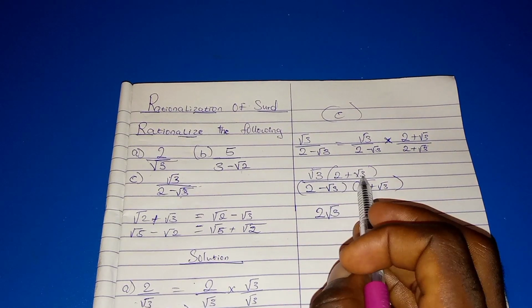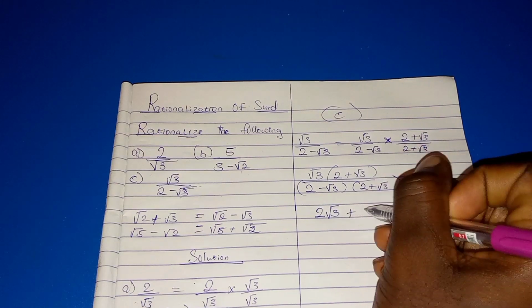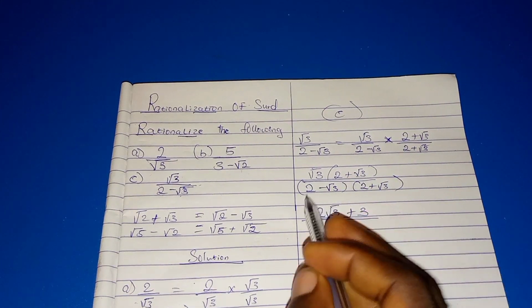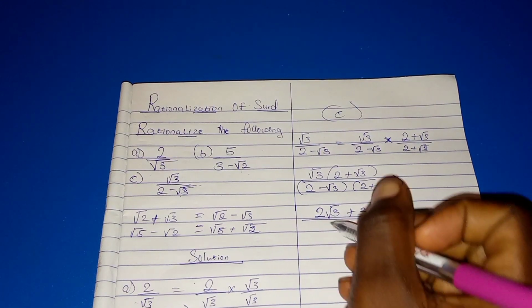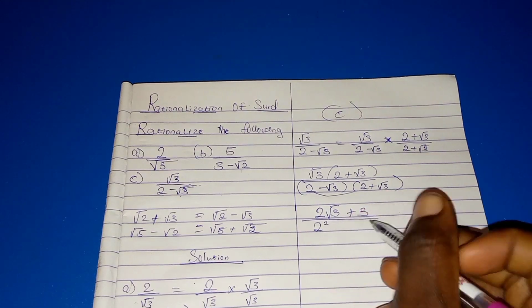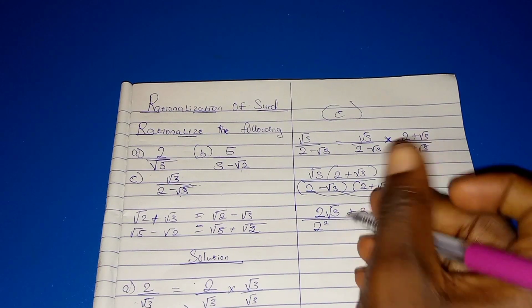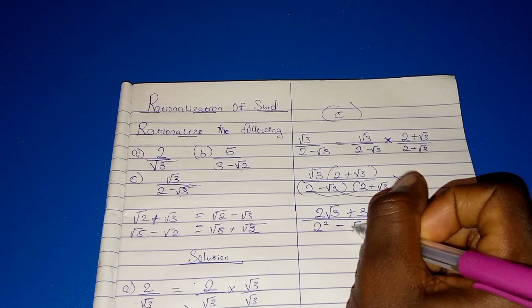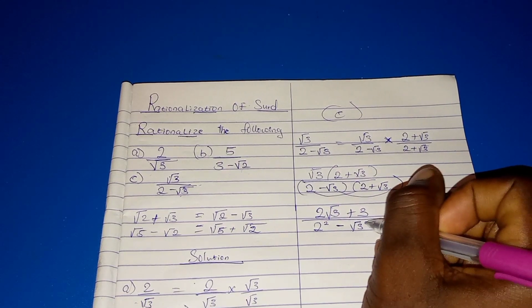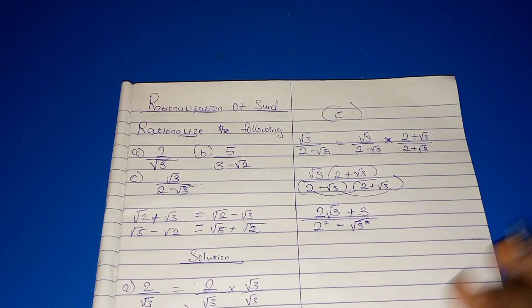Root 3 multiplied by root 3 leaves us with 3, divided by 2 squared, which is this multiplied by this, and this to this gives minus 3 squared, minus 3 actually, sorry.